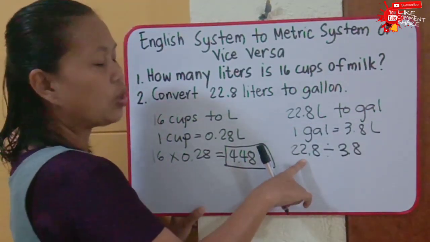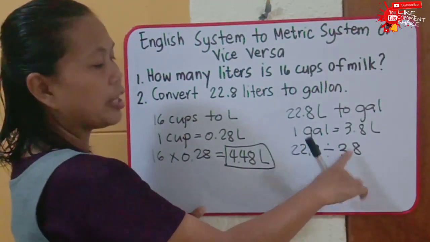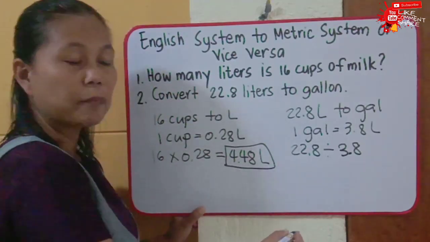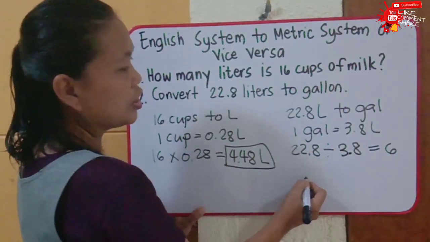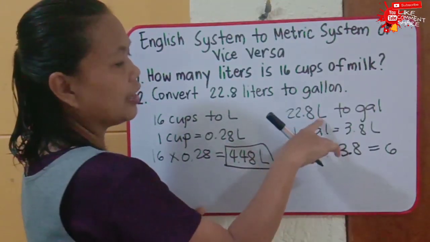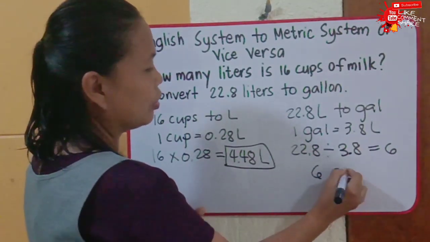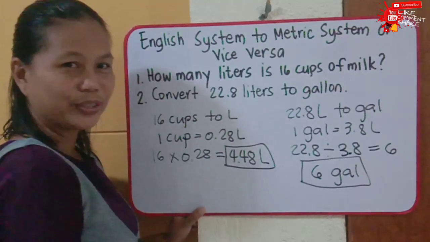What is the quotient of 22.8 divided by 3.8? 22.8 divided by 3.8 is equal to 6. So the conversion of 22.8 liters is equal to 6 gallons. So this will be our answer.